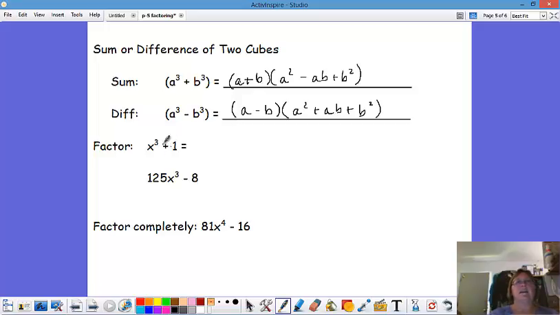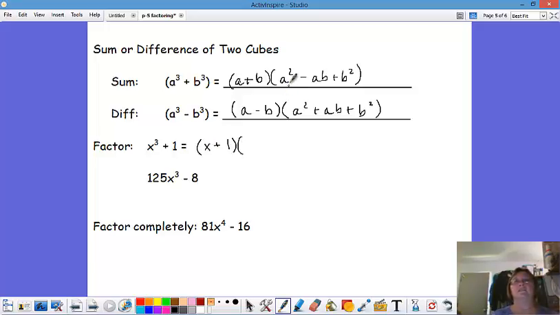Let's see if we can apply that here. The straight plug and chug case, as my old friend Mr. Metzlar would say: x cubed plus 1. So a must be x, b is 1 in this one. As you work out the pattern, the first factor is x plus 1.